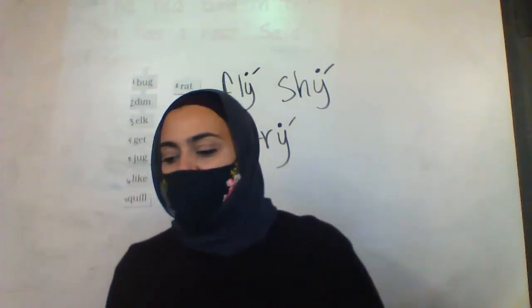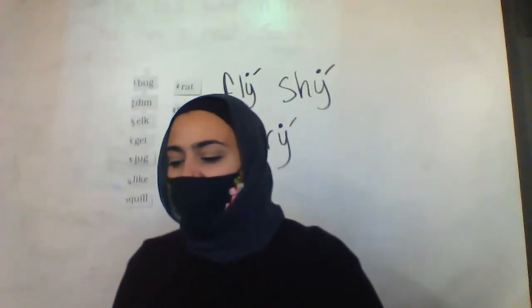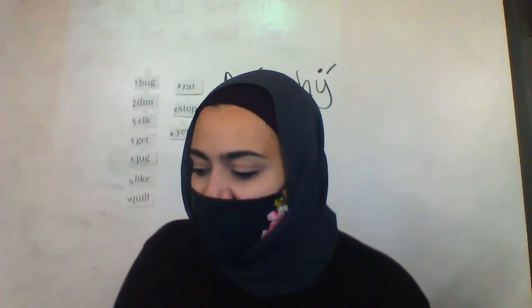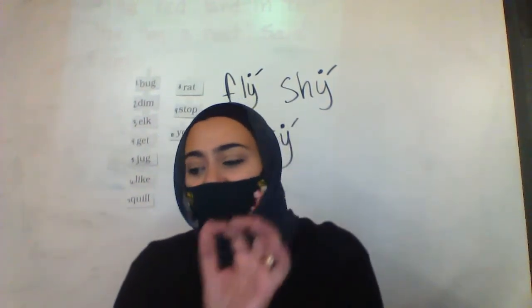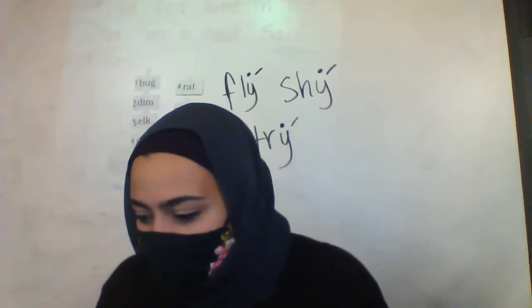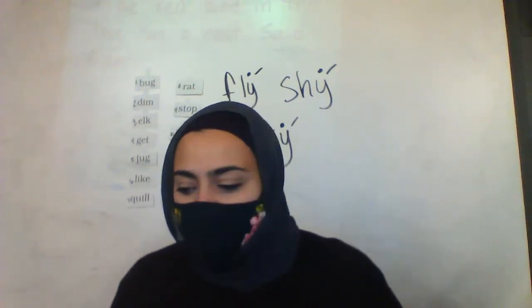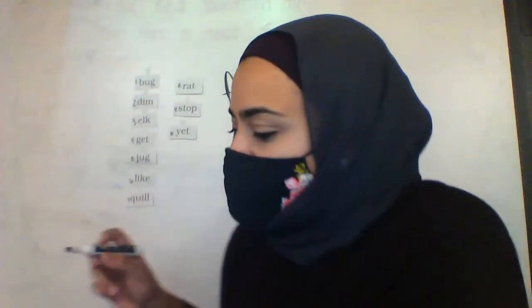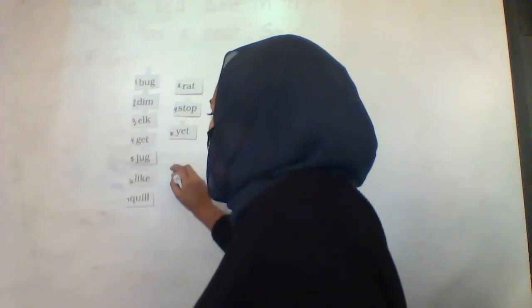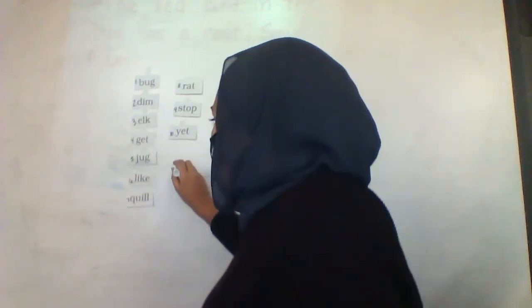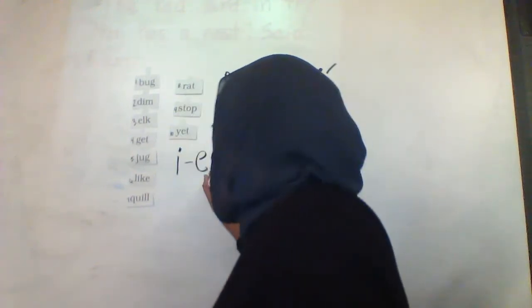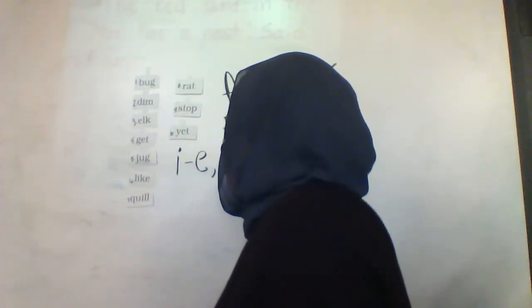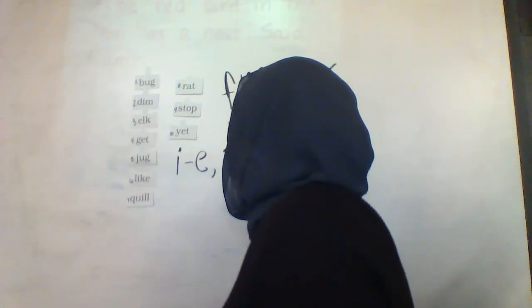So from now on, whenever I ask you to spell the I sound, you should say I consonant E, comma, I final vowel Y. Here's how we write that. We write I. Can y'all see that? Okay, good. You write I consonant E, comma, I final vowel Y.